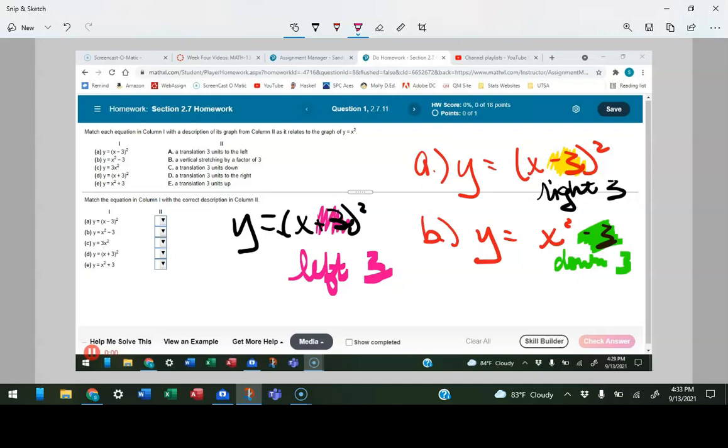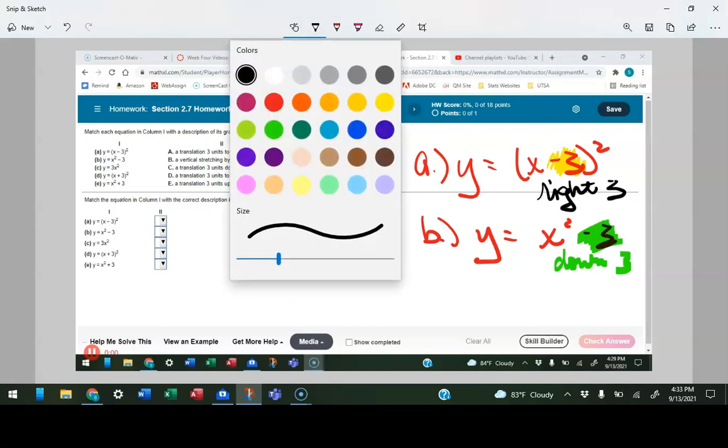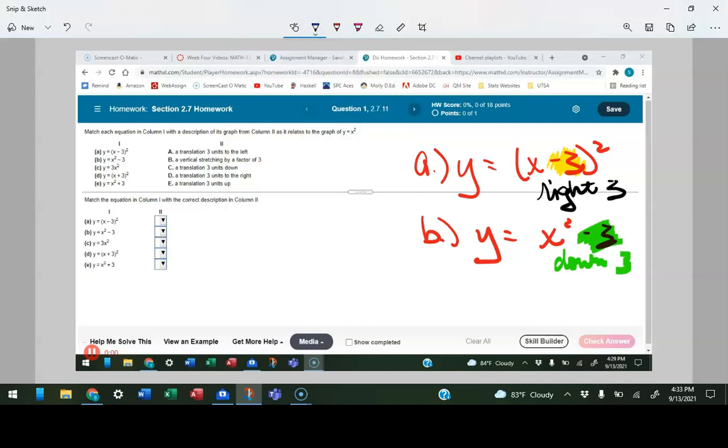And then finally, what's the last option? My last option is going to be, let's use blue, y equals x squared plus 3. If I've got an x squared plus 3, first of all, notice that if that plus 3 was gone, I would just have my parent function of x squared.